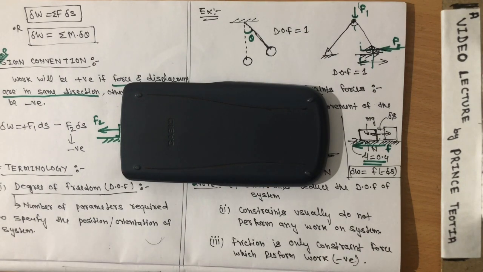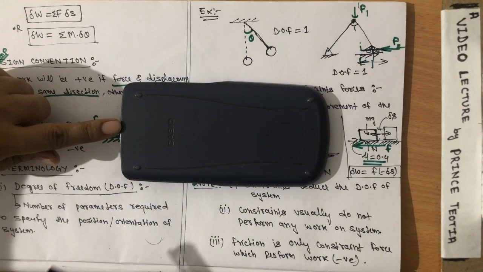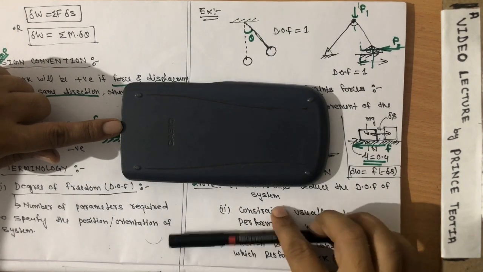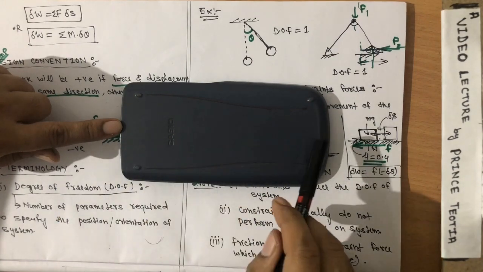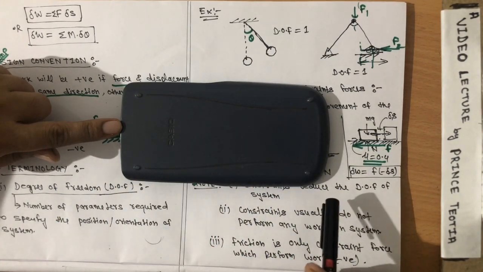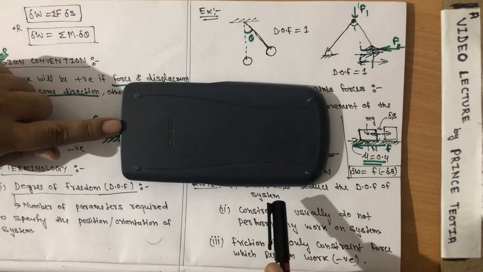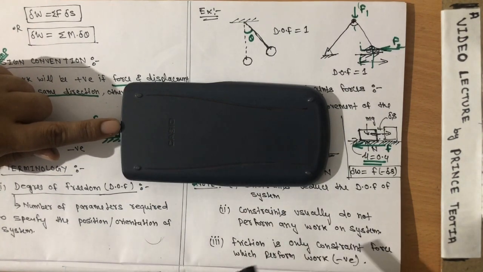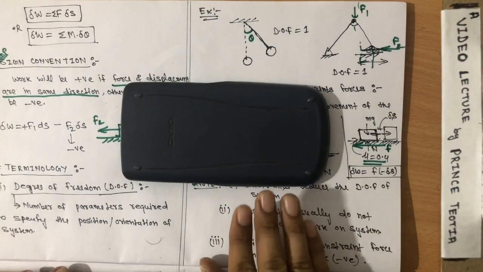If I apply a little force in this direction, the block is not moving. Why is it not moving? Because there is a force which restricts the motion, that is friction, in the opposite direction. So friction restricts the motion; that is the constraint, and the block is in equilibrium.